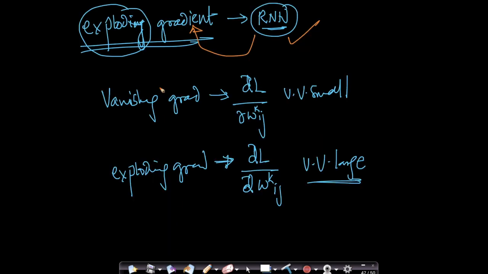So typically, the exploding gradient problem occurs if your derivatives are greater than 1, because in the chain rule you multiply them.